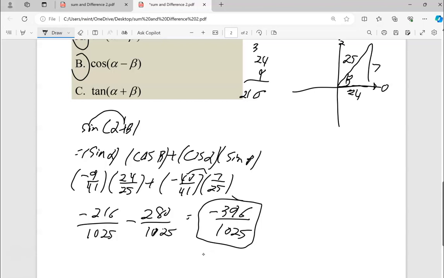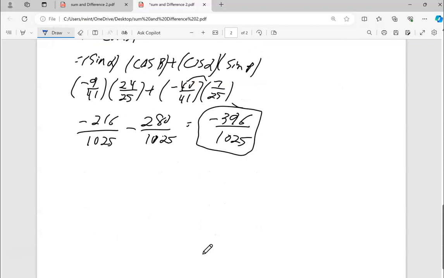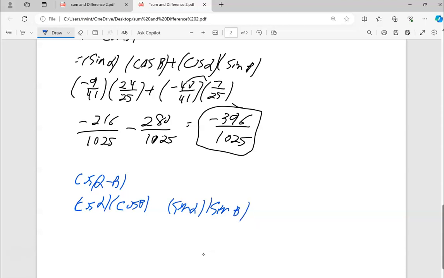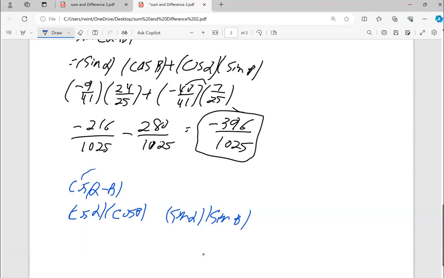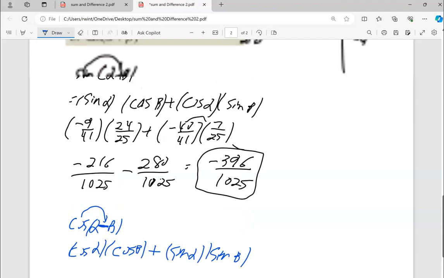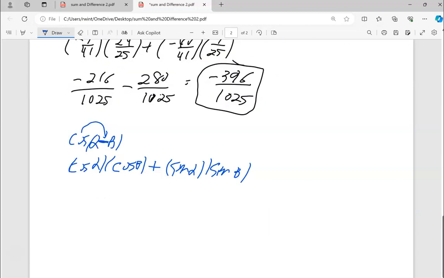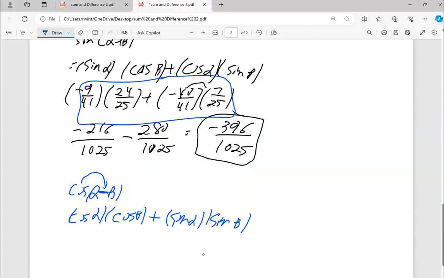Let's do cosine. Cosine A minus B is cosine, cosine, sine, sine, alpha, beta, alpha, beta. And unlike the sine, which keeps its sign, this minus is going to be a plus. I already have the numbers right here.